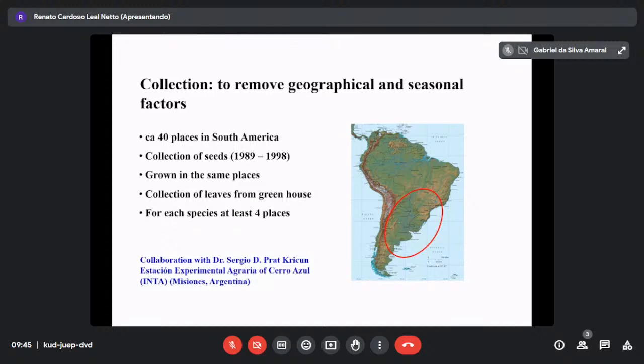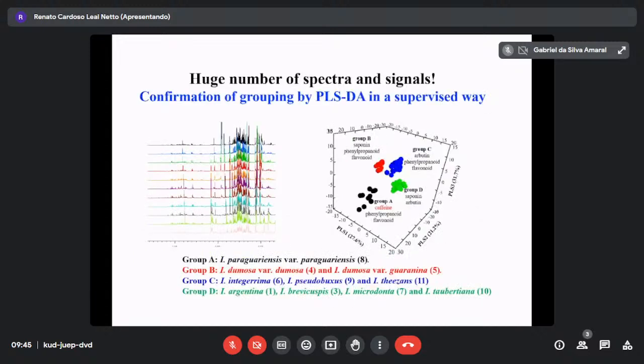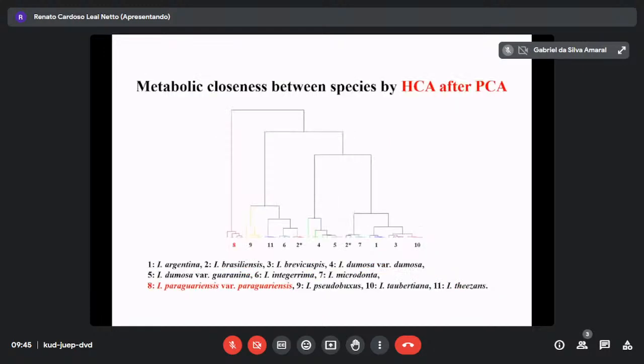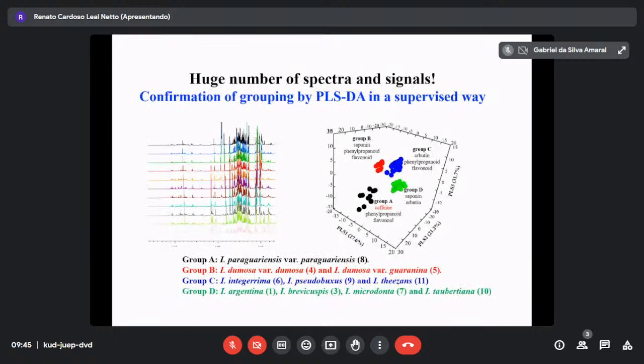And we did the analysis. At the time, the result looks very nice with the species. But here, research question is very important.